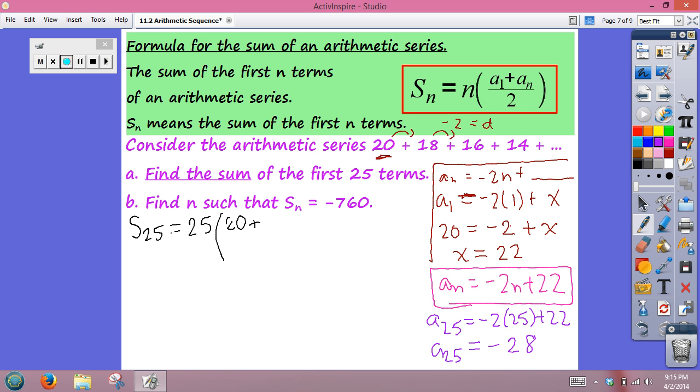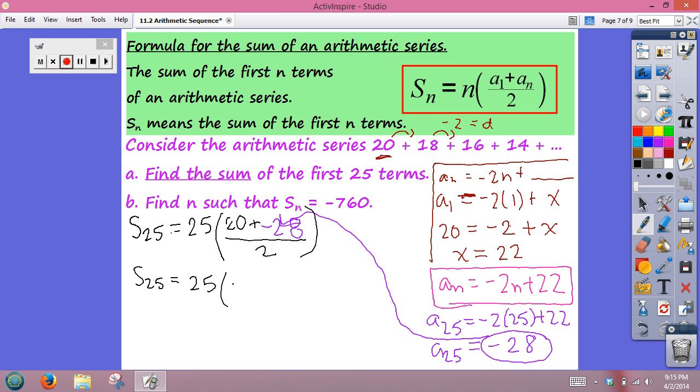So from here, we can then go back to our equation that we were setting up, plug in negative 28 into the equation, and finish that up, divided by 2. So simplifying, we get S of 25 equals 25 times negative 8 over 2.